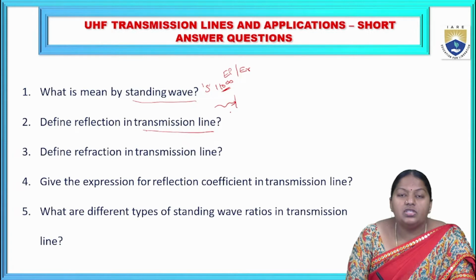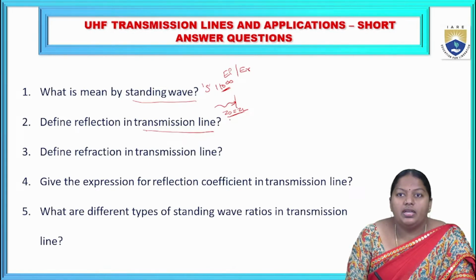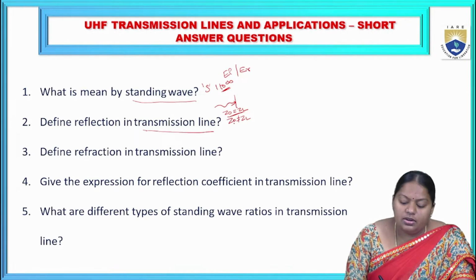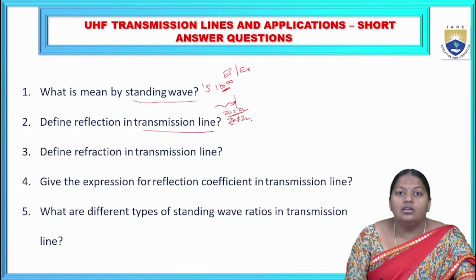In the case of transmission lines, when the characteristic impedance Z0 and the load impedance ZL are the same, the line is said to be properly terminated. When Z0 is not equal to ZL, reflection occurs. Z0 is the characteristic impedance of the transmission line and ZL is the load impedance of the line.